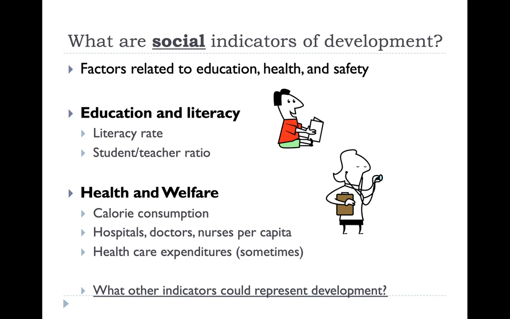And then healthcare and welfare are also social indicators. So, calorie consumption, the number of hospitals and doctors and nurses per capita, and then your healthcare expenditures are also worked into this. Anytime you see the word per capita, that just means per person.